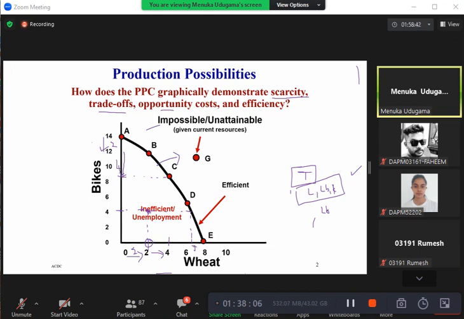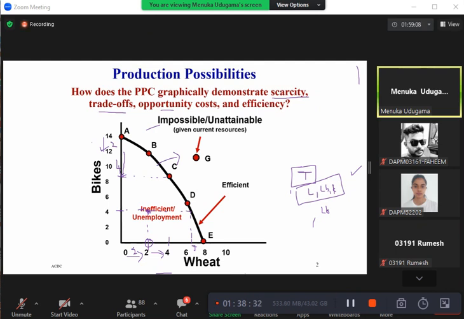Therefore, an economy would want to train them, skill them, reskill them, and introduce additional training programs, diplomas, and degrees. You see a lot of technology degrees and faculties opening up in almost all the universities in the country, so that you can produce more skilled people.